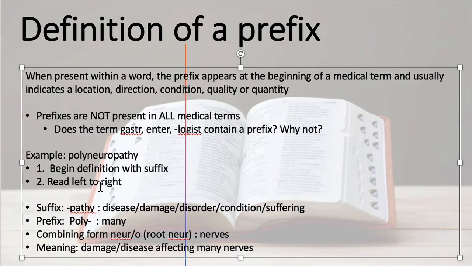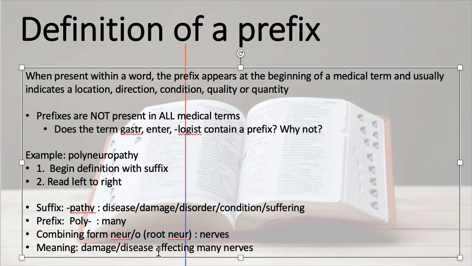Now we read from left to right. Starting at the left, the prefix poly. We'll see today, poly means many. And then we see neuro, so we see that combining form neuro, or the root neur, means nerves. If we provide the meaning of this term, again, we start with the suffix. So damage or disease, and then we go left to right.